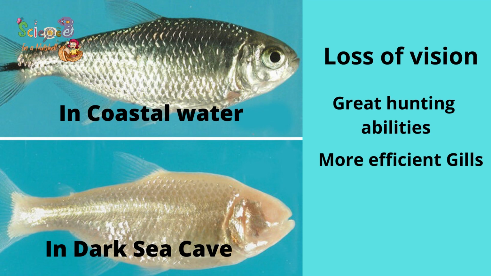So because there is not enough oxygen for them, they will have more efficient gills, which means they will try to get oxygen as much as possible from the very little amount of oxygen they have in the dark, deep sea cave. And it will have colorless skin. And this is because it will lose its scales.